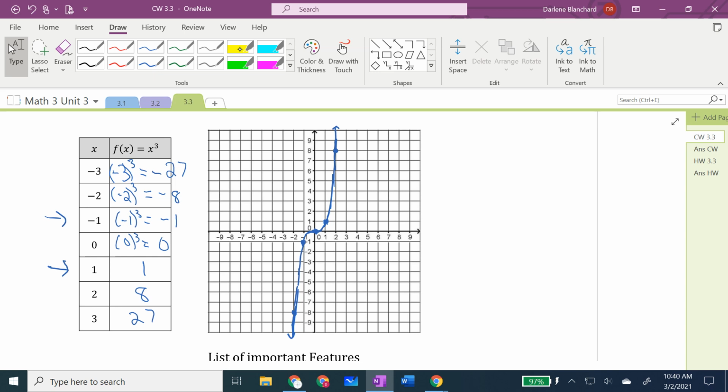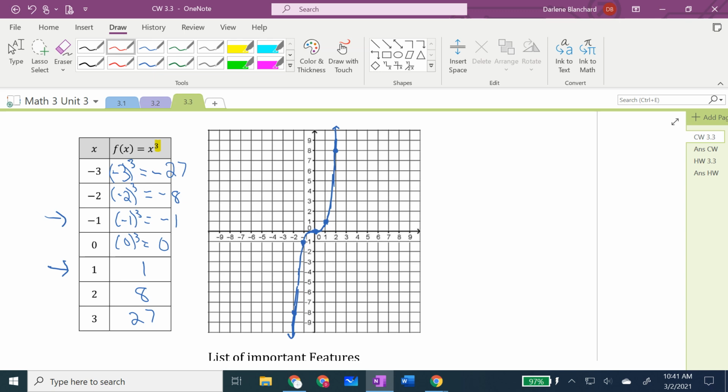I want you to notice that by bumping up x squared to x cubed, when you cube numbers, you're making them even bigger than they were before. So you're making this graph a bit steeper. And when you cube negative numbers, they get to be negative numbers.